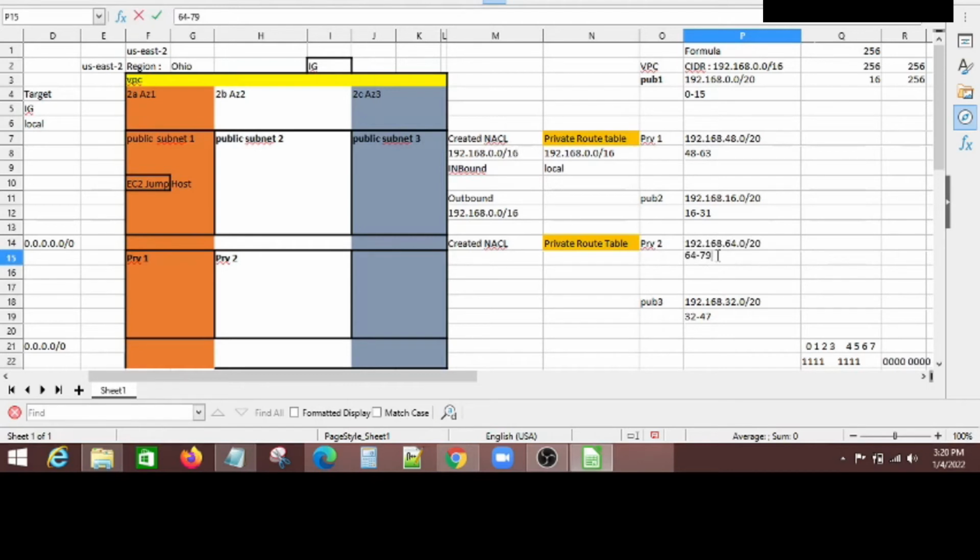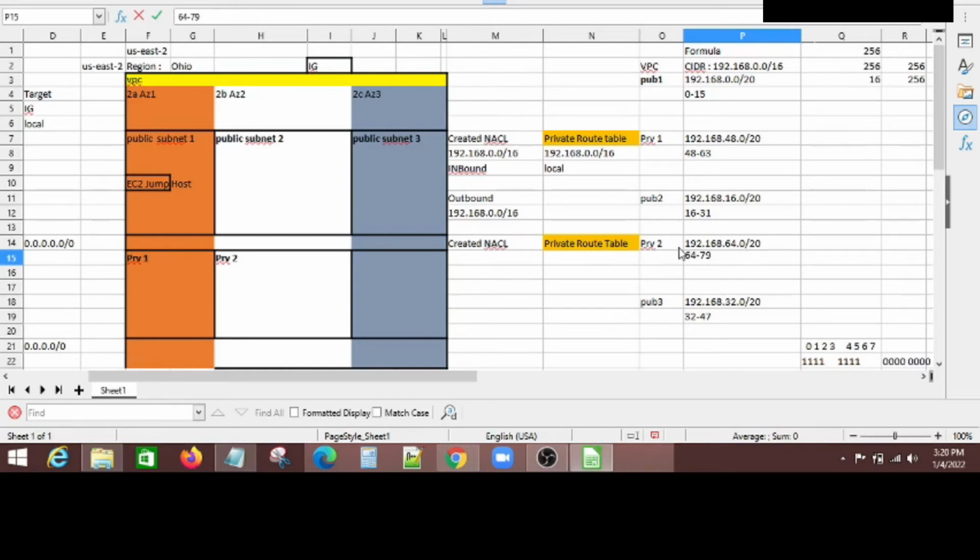So 64 to 79. That is 192.168.64.0/20, and the next would be 192.168.65.0/20. That's the explanation of CIDR.